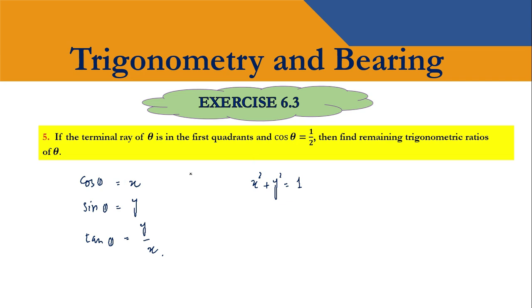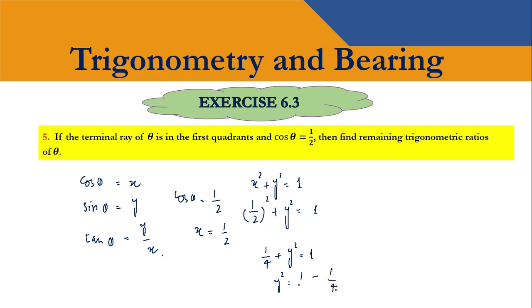Now as cos theta is equals to 1 divided by 2, it means that the value of x is equals to 1 over 2. To calculate the value of y, we will put the value of x in this equation. 1 over 2 squared plus y square is equals to 1. 1 over 4 plus y square is equals to 1, and y square is equals to 1 minus 1 over 4.